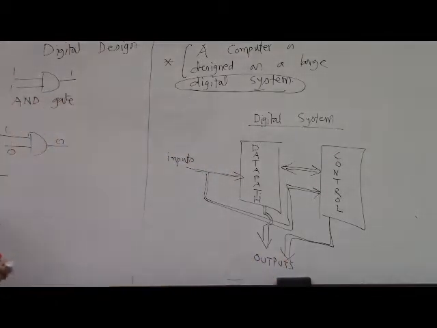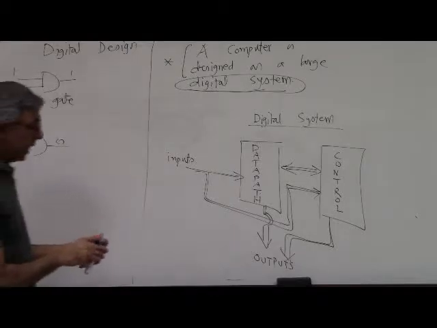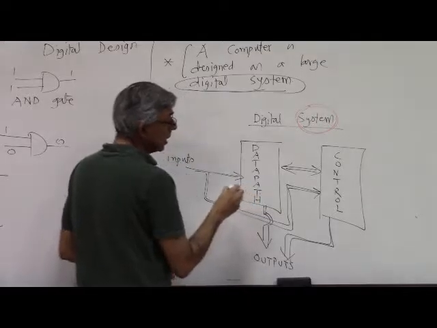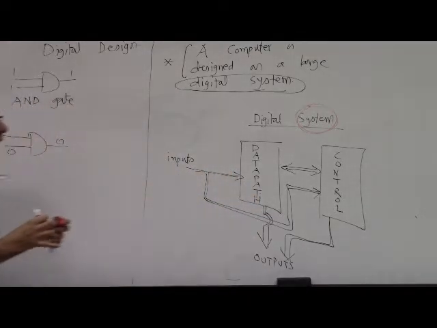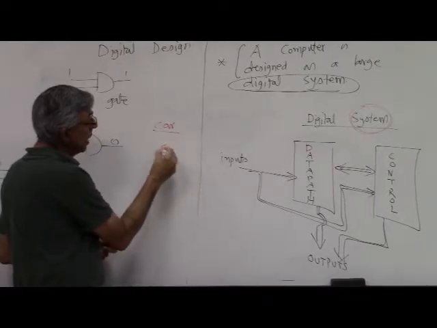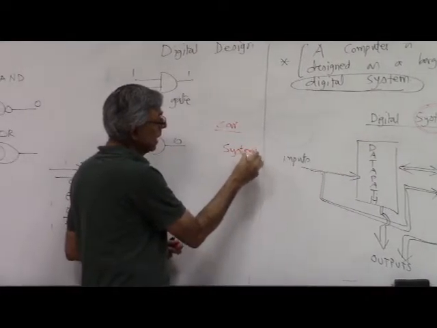So there are two fundamental building blocks inside any system. Think of a system like, for example, a car. A car is like a system. A system has many parts in it.